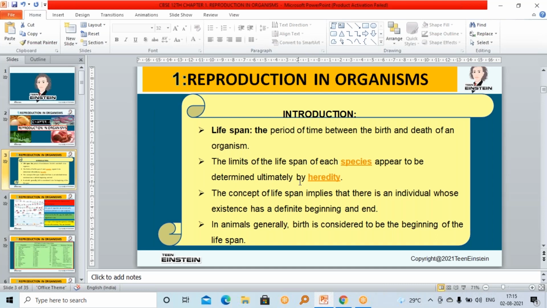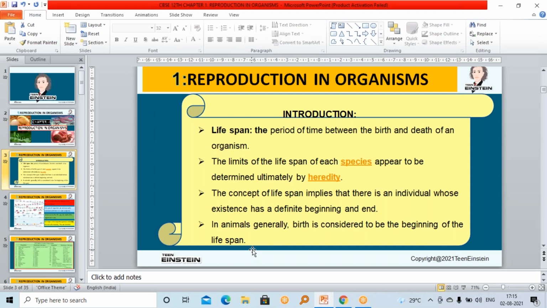See, human beings have a different lifespan, and dogs and cats all have different lifespans. Ultimately it is determined by heredity. Human beings have a minimum number of years of lifespan. Before that, some people may die, and after that also some people may live.